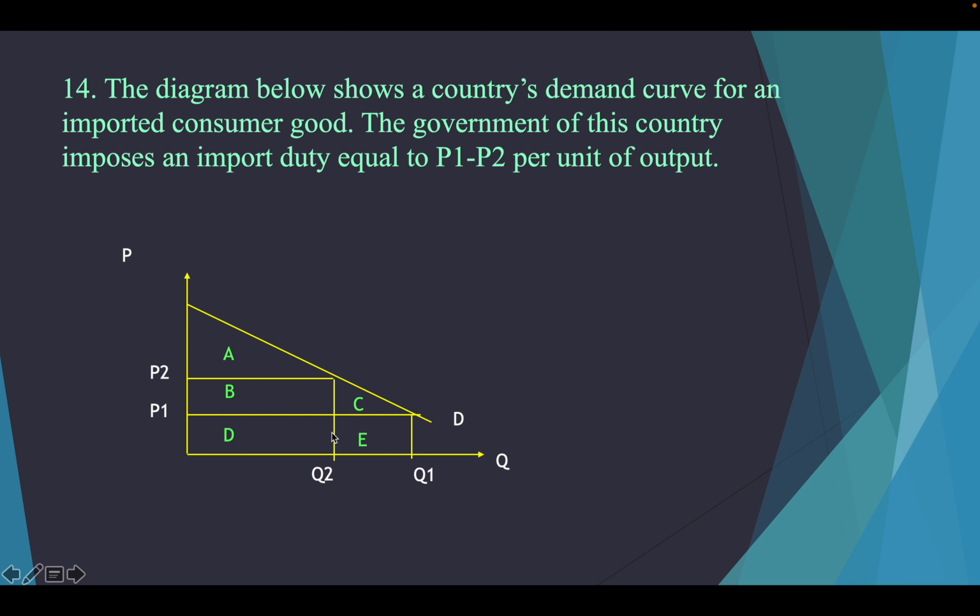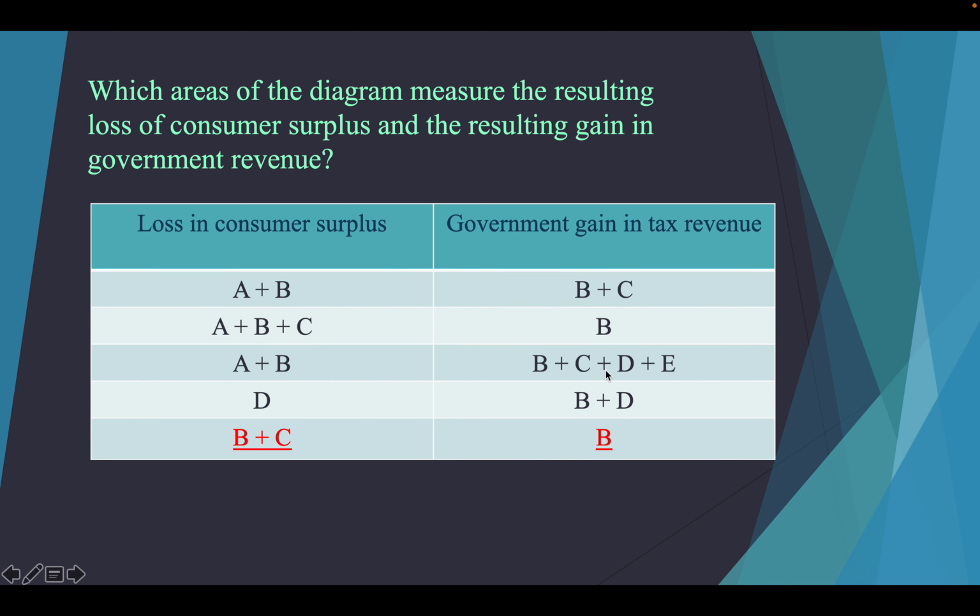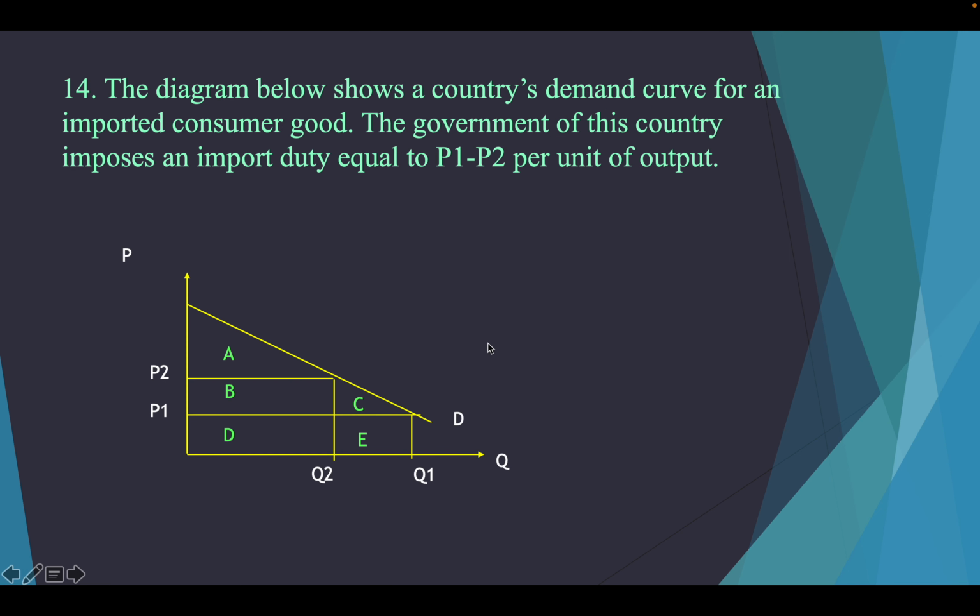And the loss is C, because after Q2 we cannot take this, the deadweight loss. That is why the government gain in tax revenue is B. This is the deadweight loss, because they cannot take after Q2. Now the price P2 and P1 to P2 is the government tax revenue. There may be supply curves S2 and S1 like that, but they have not drawn any supply curves.